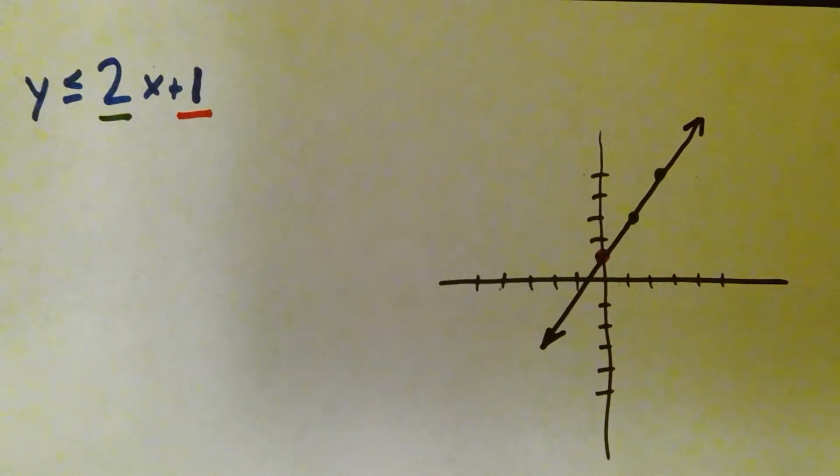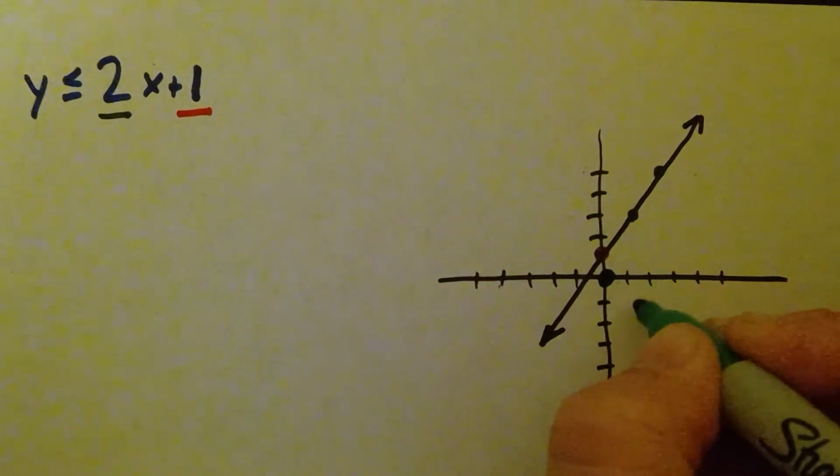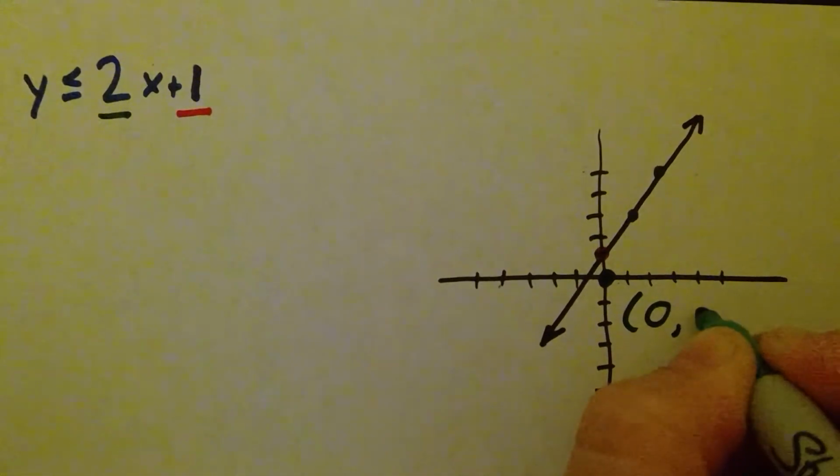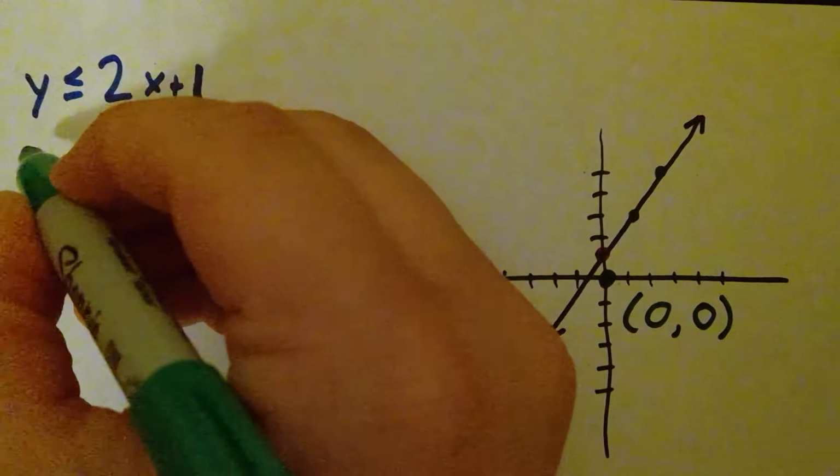So there's our line. Now, in order to show our solutions, because that's y is less than or equal to 2x plus 1, we have to check a point. I always like to check the point 0, 0 if I can. In this case, we can because 0, 0 is not on the line. So let's plug into the inequality.